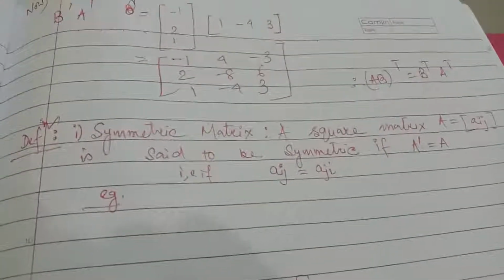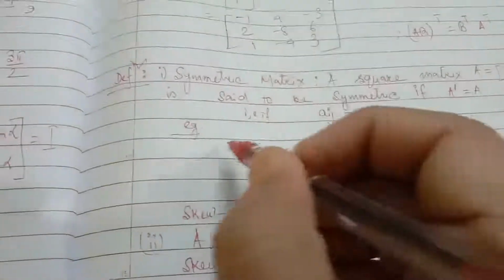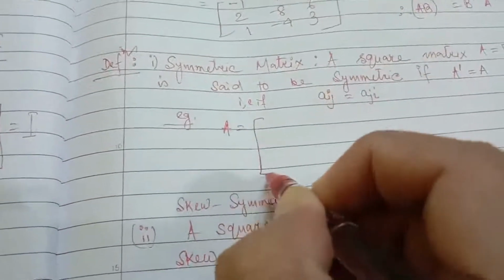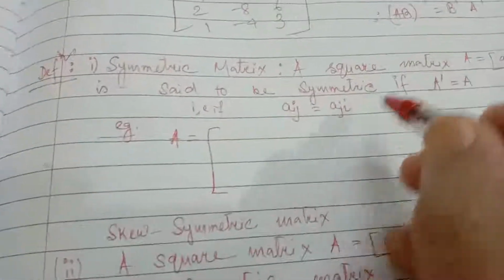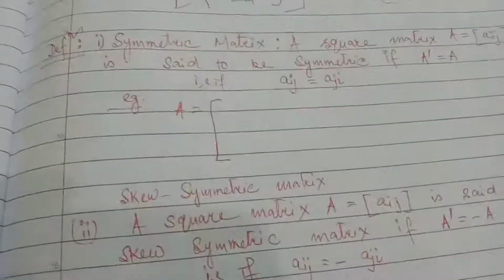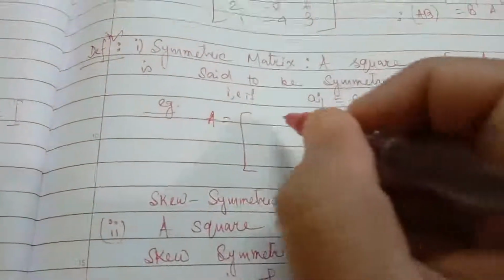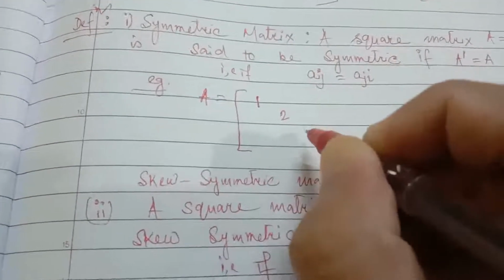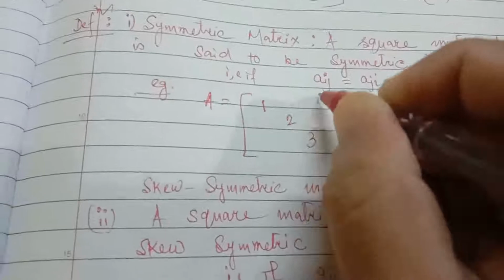Let us take an example of a symmetric matrix. Just see this one and try to remember this. Suppose you have to write a symmetric matrix. How will you write? Write any 3 elements in the diagonal. We are writing a 3 by 3 matrix, 1, 2, 3.